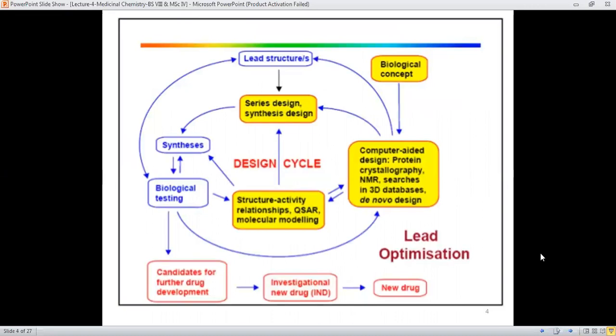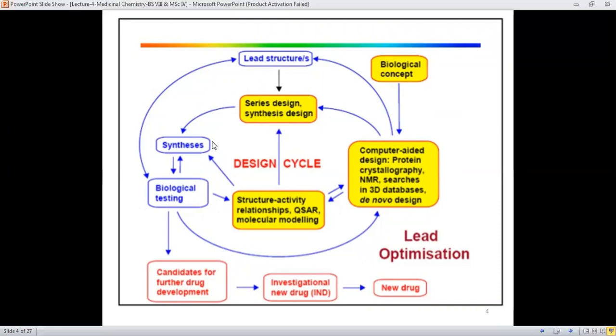Here is the overall picture of molecular modeling. Starting from the series design or the synthesis design, after the designing, synthetic protocols are carried out.